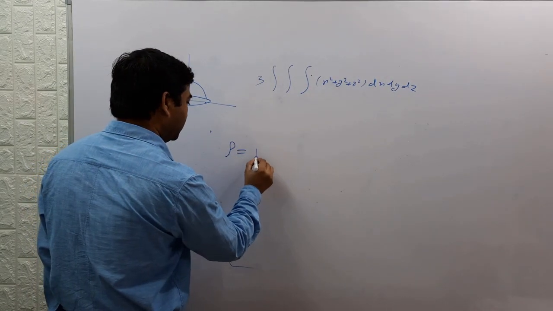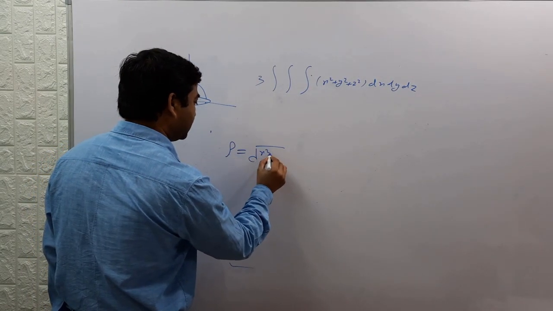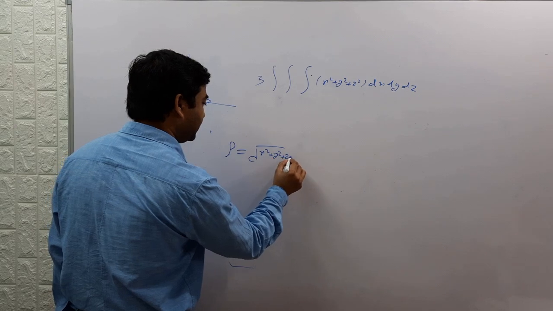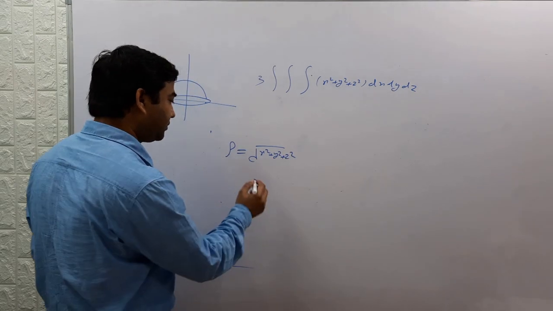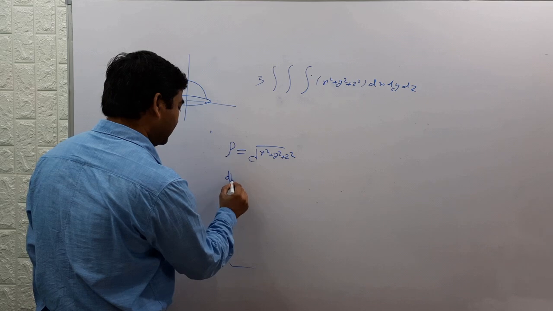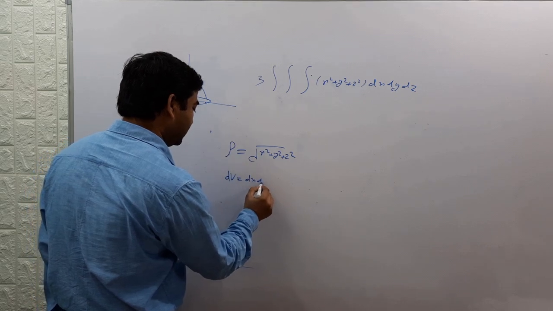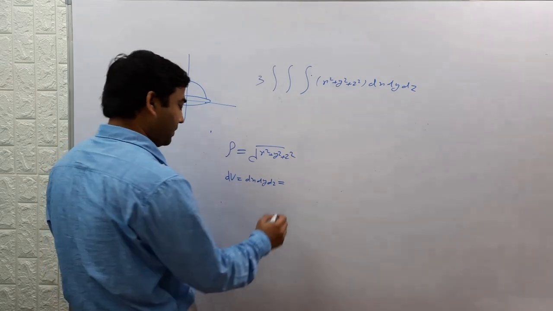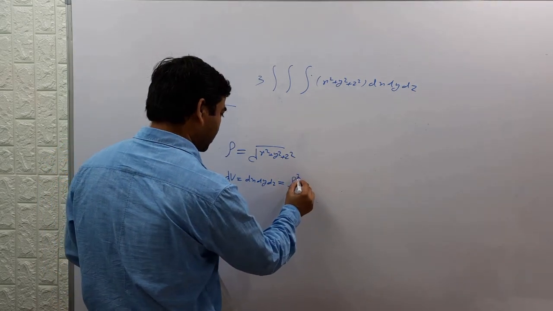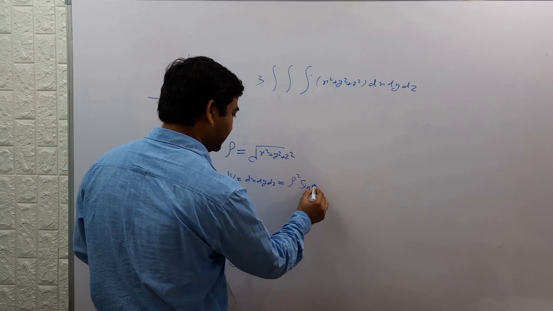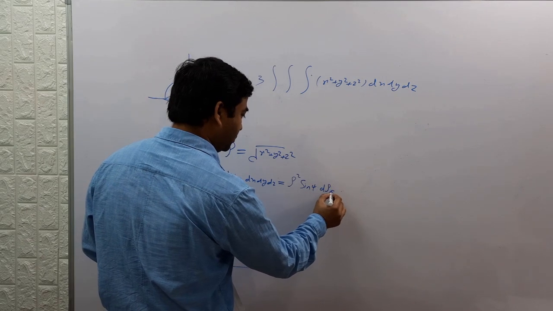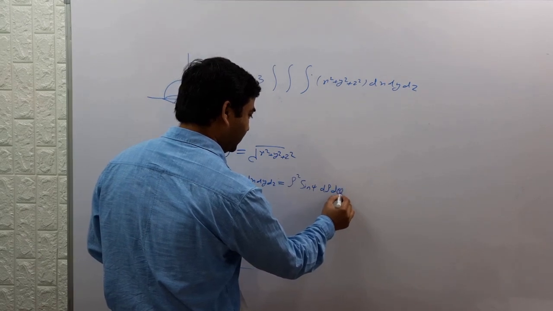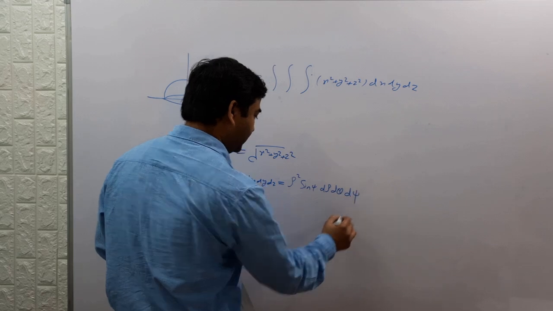Rho is equal to the square root of x square plus y square plus z square, and dV, which is dx dy dz, was equal to rho square sin psi d rho d theta d psi.